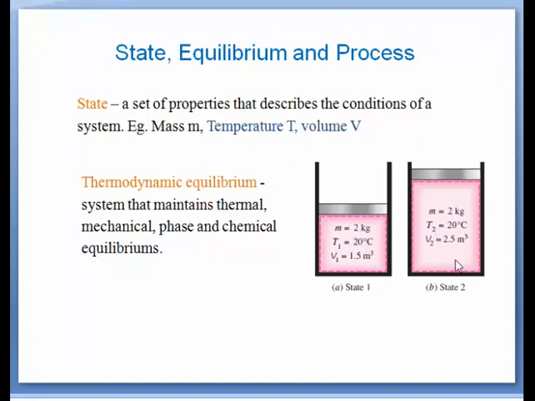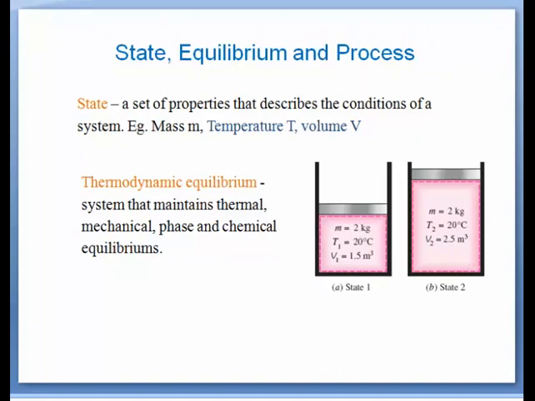Now the second state is described by a new set of parameters. The mass, because of conservation of mass, there is no mass going out, so it will remain constant. Temperature is the same and volume has increased from 1.5 meter cube to 2.5 meter cube. So this is a new state of the thermodynamic system.